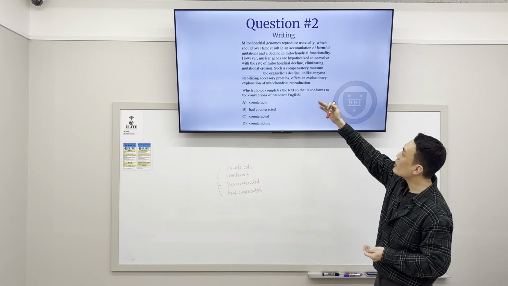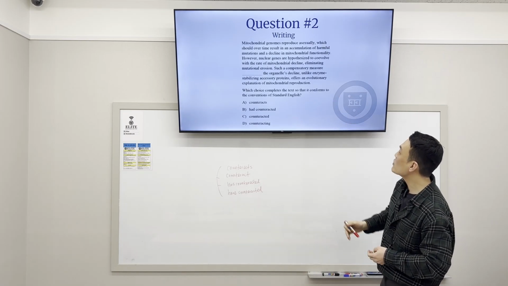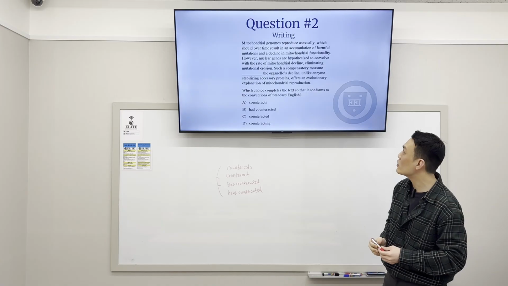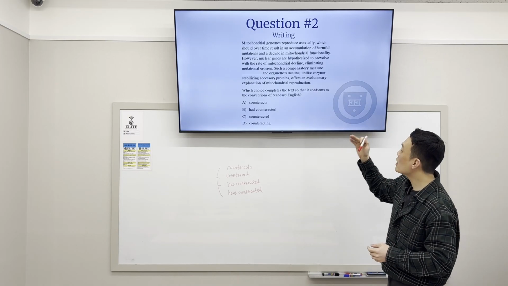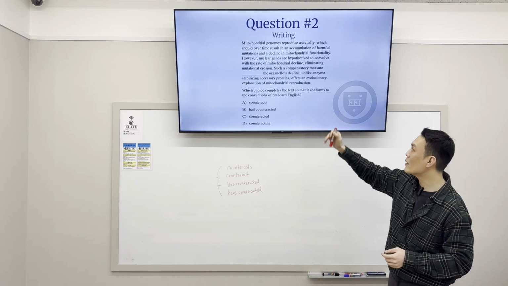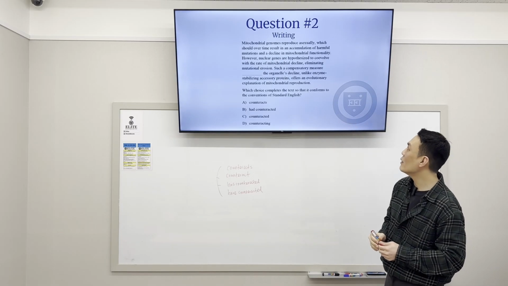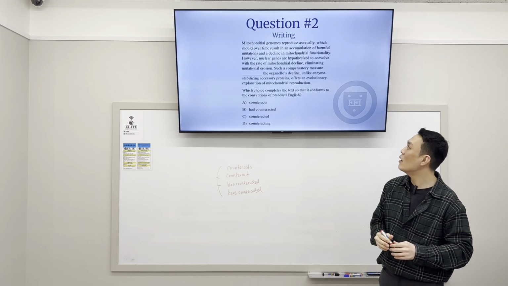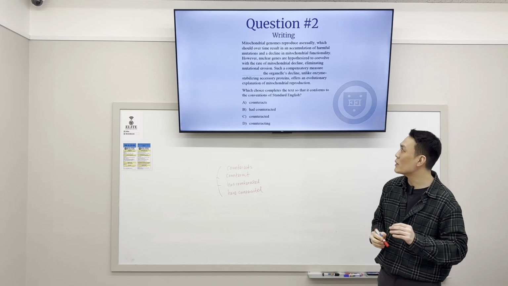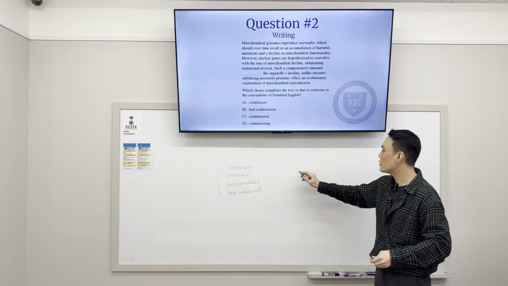Start reading from, however, nuclear genes are hypothesized to co-evolve with the rate of mitochondrial decline, eliminating mutational erosion. Such a compensatory measure, blank, the organelle's decline, unlike enzyme stabilizing accessory proteins, offers an evolutionary explanation of mitochondrial reproduction.